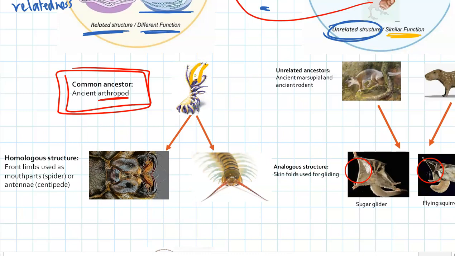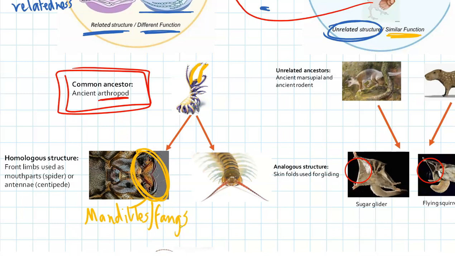Well, through divergent evolution, in spiders, they've evolved those 2 front limbs to be mandibles. Or in other words, fangs. So spiders have evolved these 2 front limbs to be sharp, some of them are venomous, and they're used for eating and catching prey.